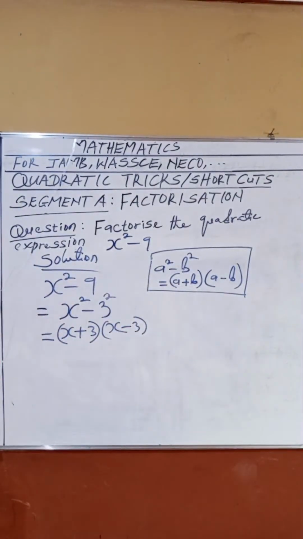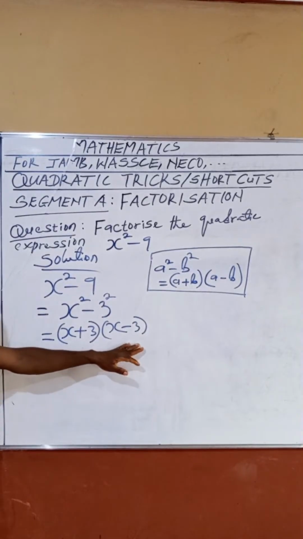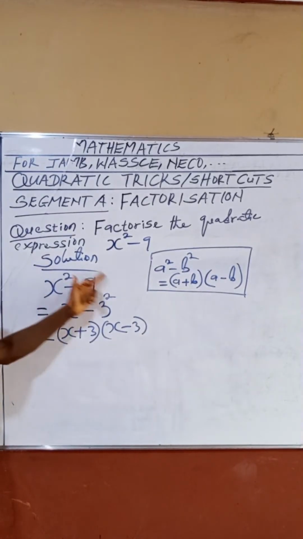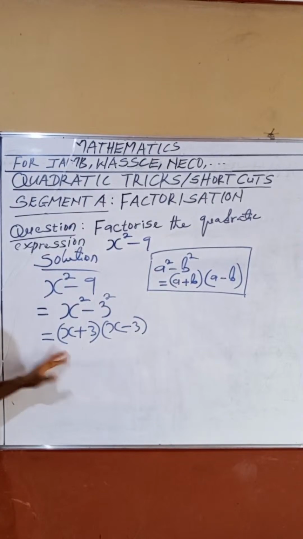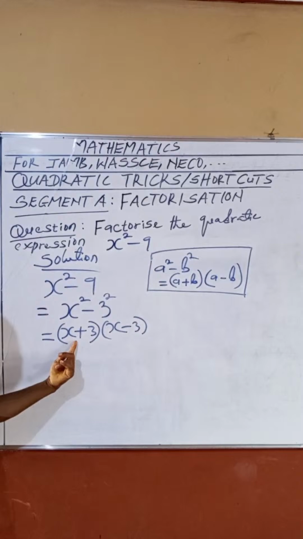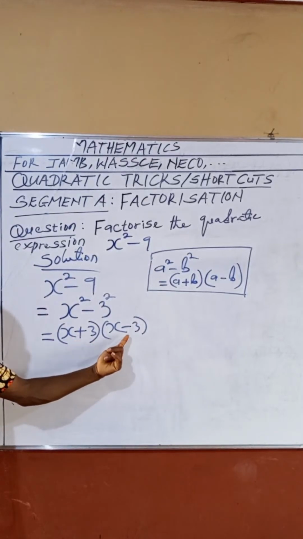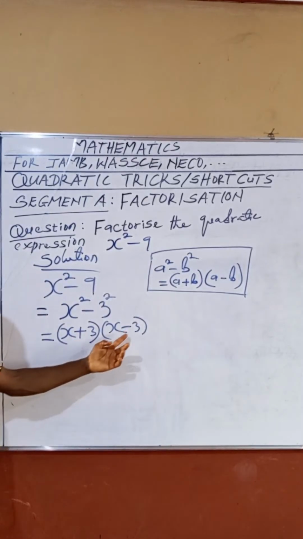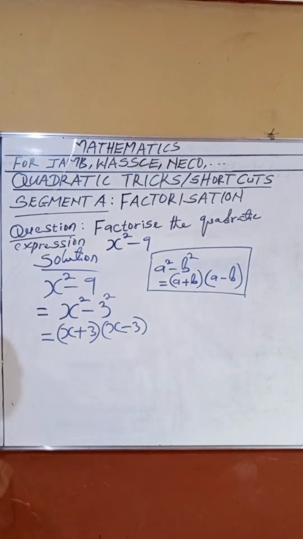This is how to solve. This is how you put it, okay? Difference of two squares must end in this format. It can come in different forms, but the end is usually with two brackets, with one having a positive sign and the next one having a negative sign. So this is how it is done. I do hope it's well understood.